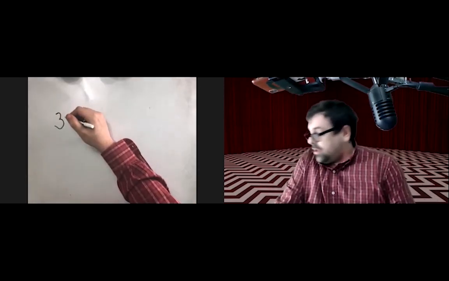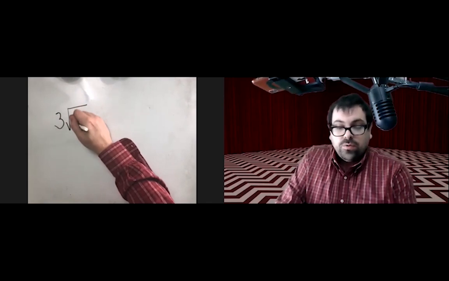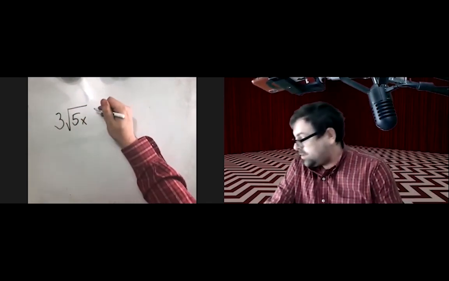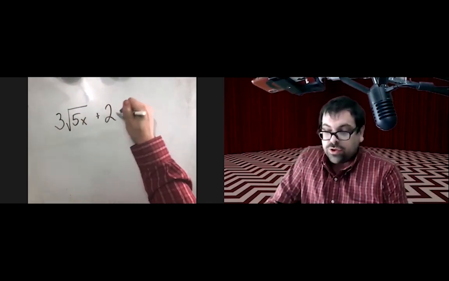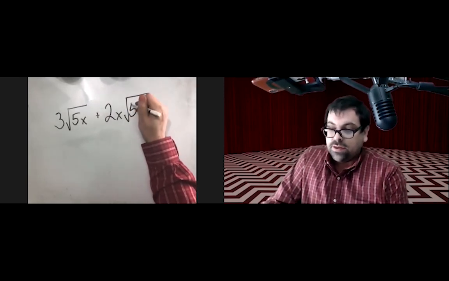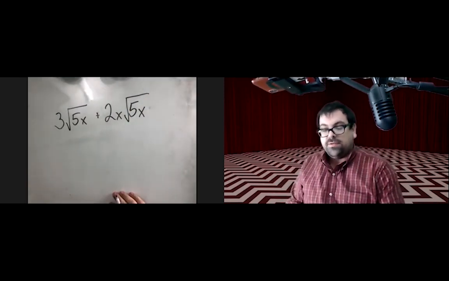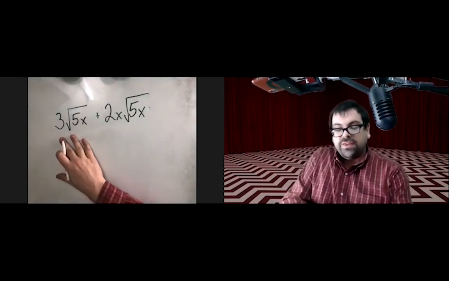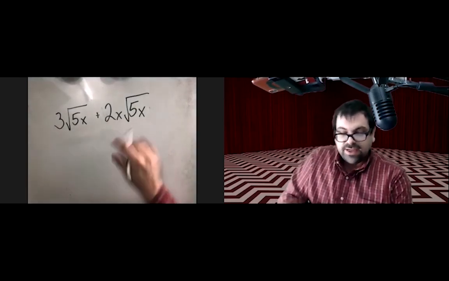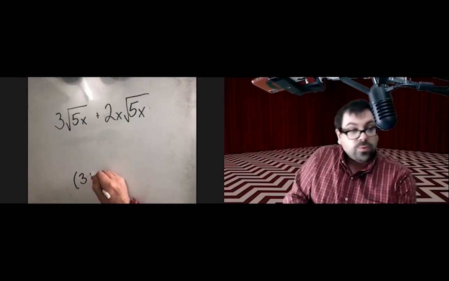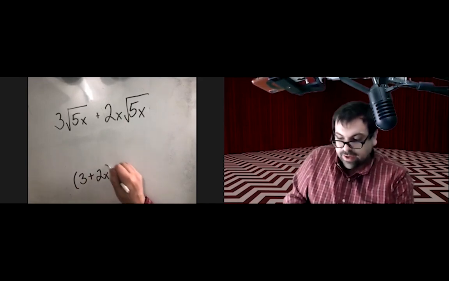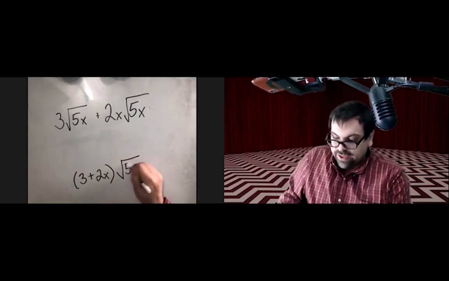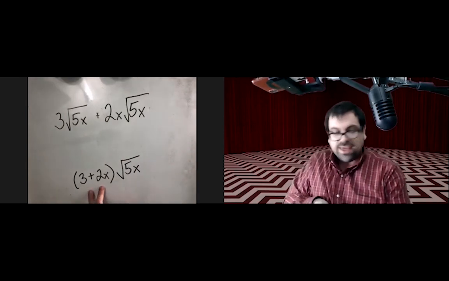So if we had 3 radical 5x plus 2x radical 5x, 3 of these plus 2x of these would be 3 plus 2x of these. We can't combine them anymore.